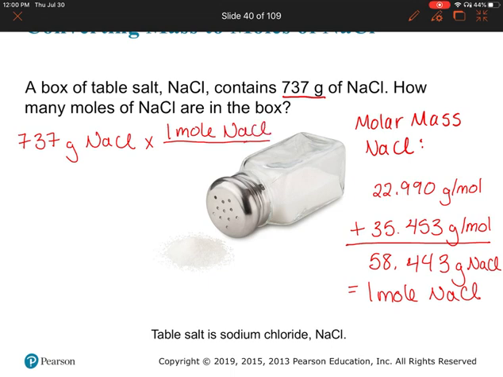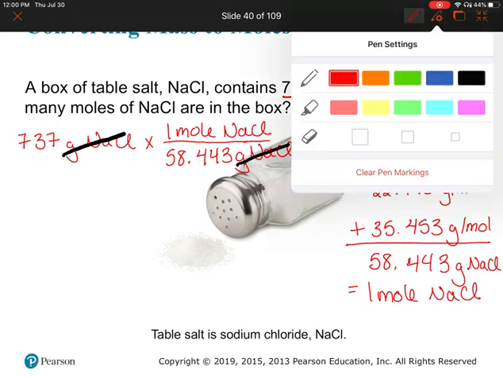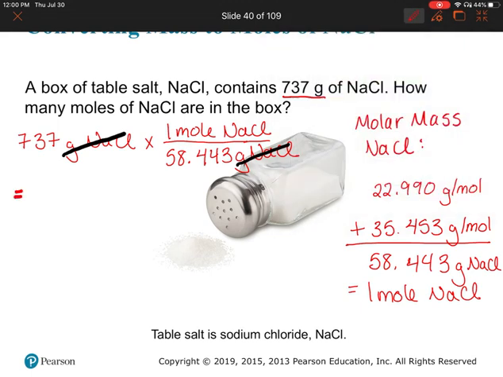And then we'll put the other part of the equality in the denominator, which is 58.443 grams. All right, so now grams of sodium chloride will cancel. And if we simplify, we have 737 over 58.443. And our final unit is moles of NaCl.